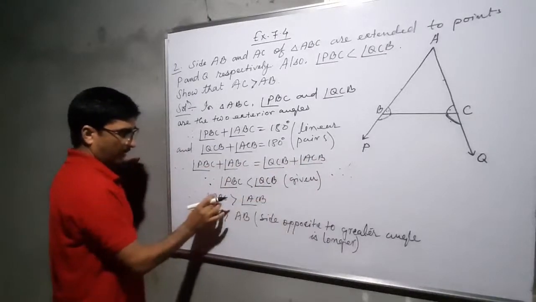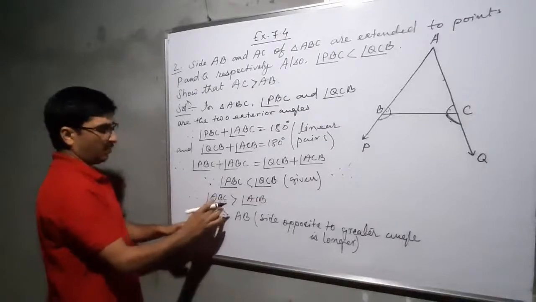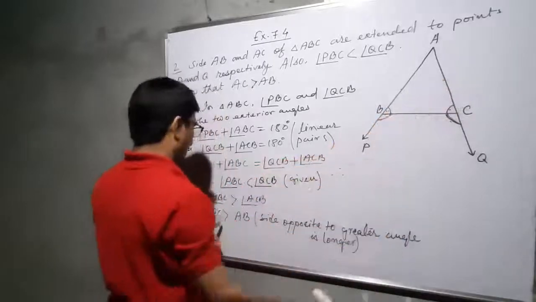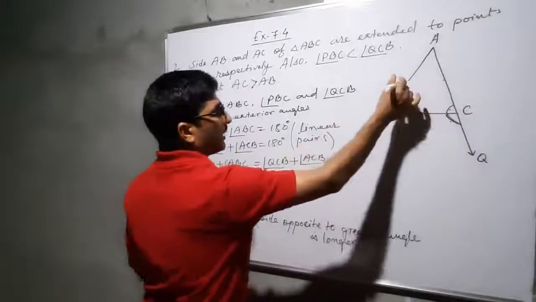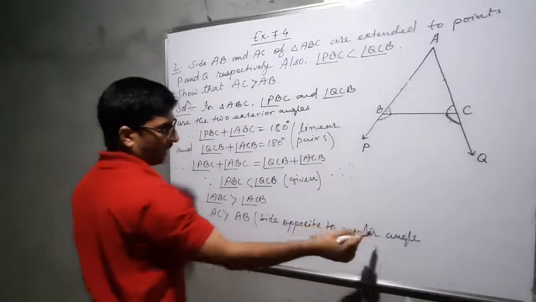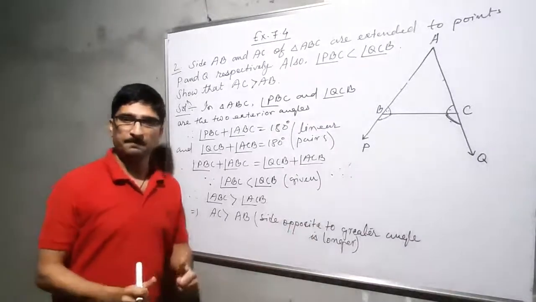Now ABC is greater than ACB, so its opposite side is AC in this triangle. Angle ABC's opposite is AC, and angle ACB's opposite is AB. So AC is greater than AB. The side opposite to the greater angle is longer. Understood?